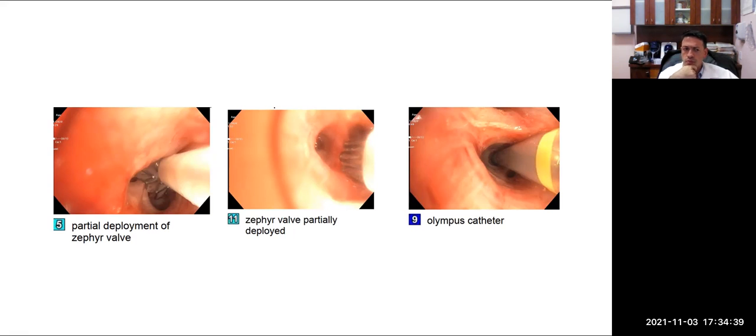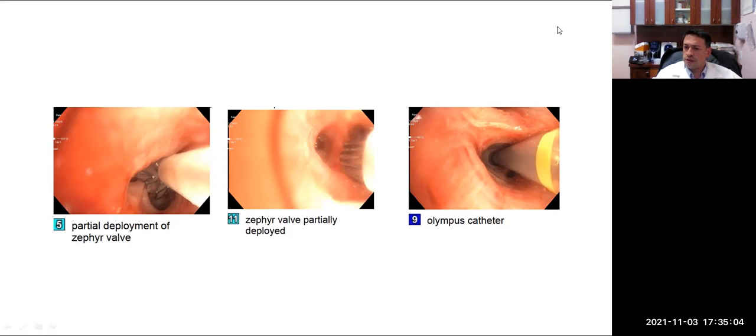But in general, from a technical standpoint, when you deploy the Zephyr valve, you put the catheter up against the distal carina, and the valve is deployed against the distal carina. That's what keeps the valve from sliding down, because it doesn't really have any other way of staying in place other than resting on that carina.